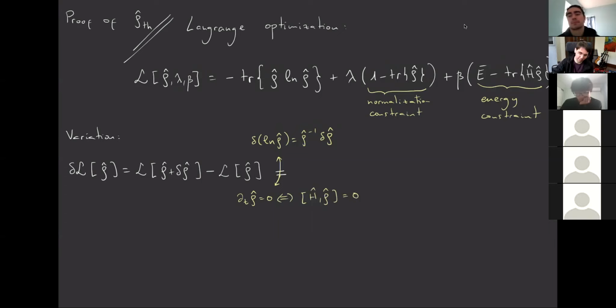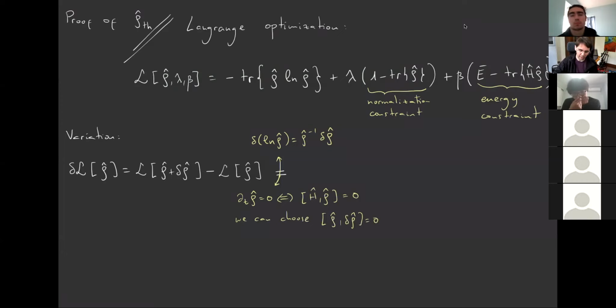And this automatically means that we can choose variations which are also diagonal in the basis of the Hamiltonian, because we don't need to check variations that are not diagonal. We know that the state that maximizes the entropy will be diagonal. And therefore, if rho and the variations are diagonal in the same basis, they commute, okay? So it's just as simple as this.